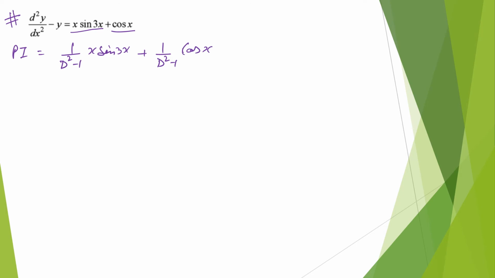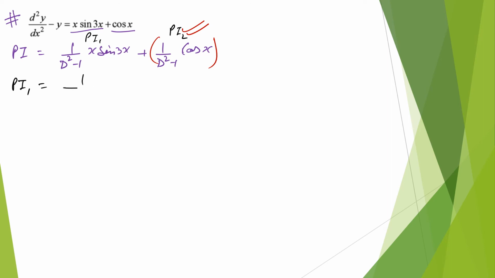This is the portion which we have already covered. We have already discussed the cos x PI case, so you have to do this PI case yourself. I am only solving the part for PI1.